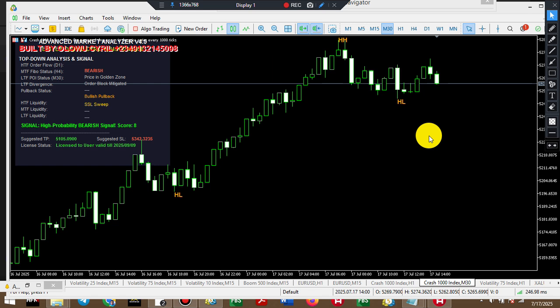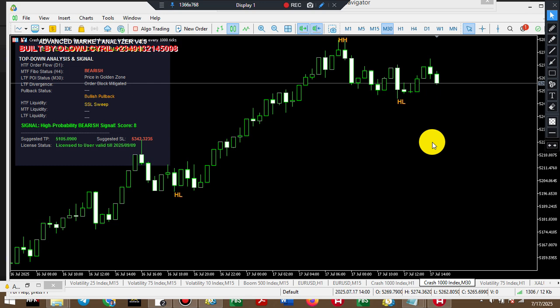So that aside, this is how you modify the signal based on your time frame. And now, for you to make good profit, let's say you have a $30 account and you want to take a trade like this, focus on higher time frame alignment, not 1 minute, 2 minutes, 3 minutes. The least order flow you should have in your time frame analysis should be 4 hour. 4 hour, 1 hour, 15 minutes, or 4 hour, 1 hour, 5 minutes.